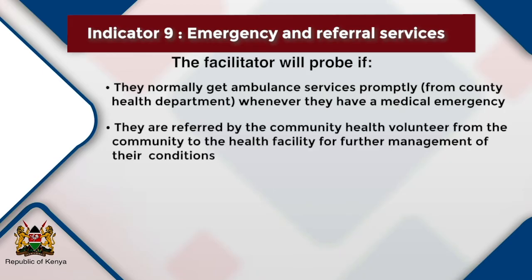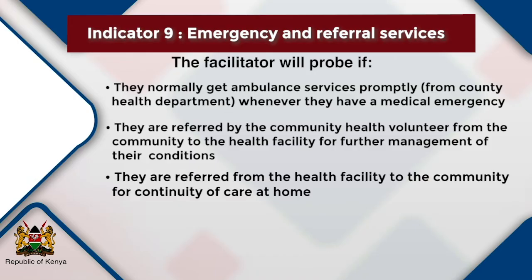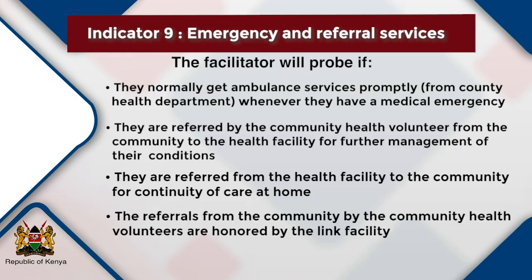They are referred by the community health volunteer from the community to the health facility for further management of their conditions. 3. They are referred from the health facility to the community for the continuity of care at home. 4. The referrals from the community by the community health volunteers are honored by the link facility.